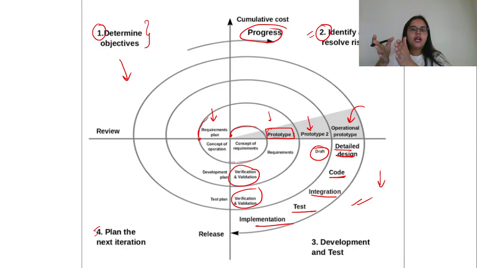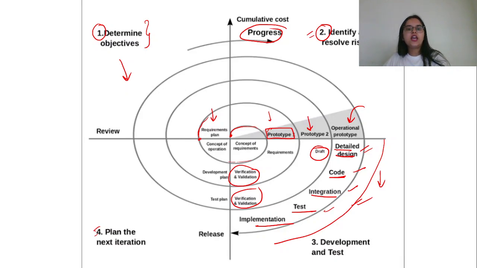Earlier we have a draft version of the design, and as we move, we have a more detailed design, more coding, integration, testing. And if I add one more loop here, maybe detailed testing might be there, some more rigorous testing methods. So basically the third quadrant talks about your development and testing part.